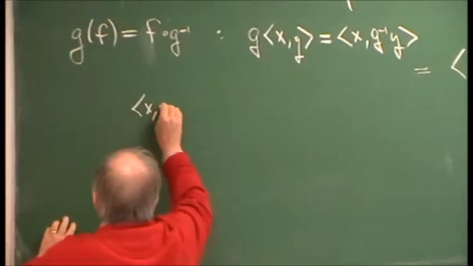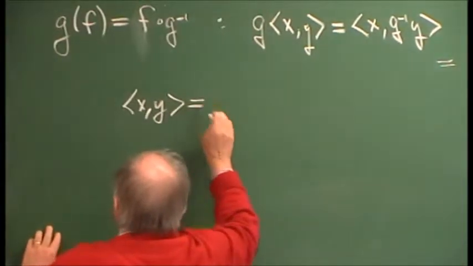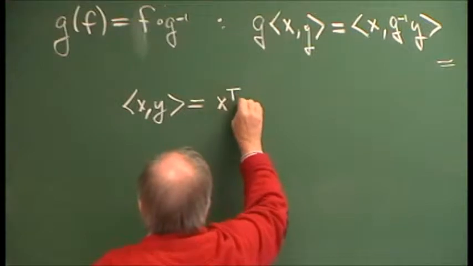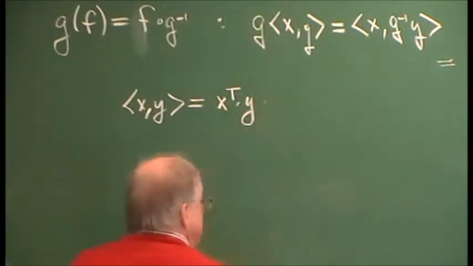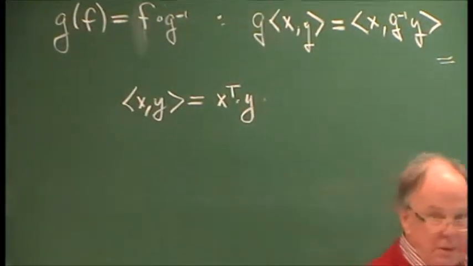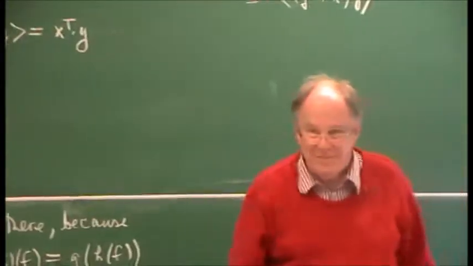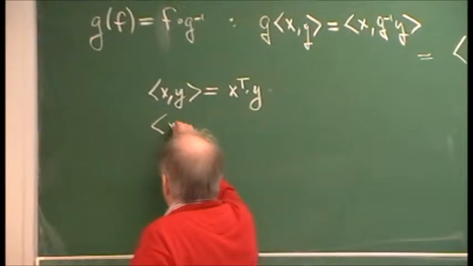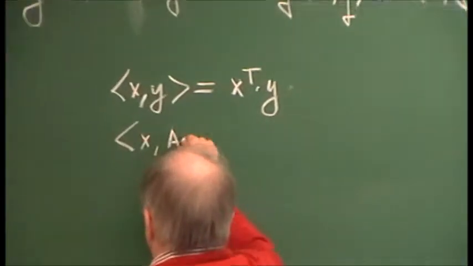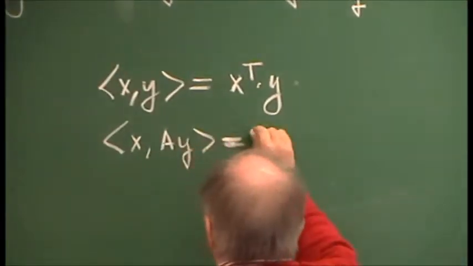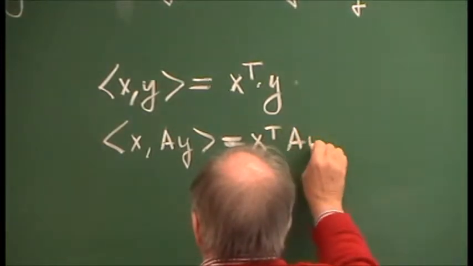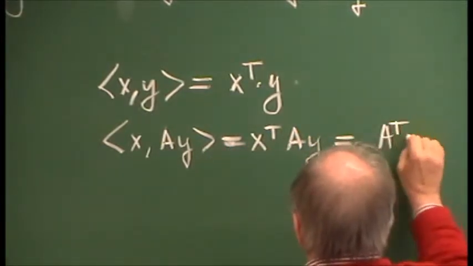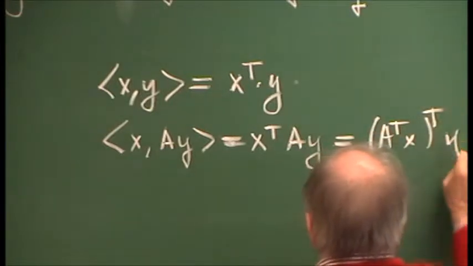X, just keep in mind, is X transpose times Y. So you see, X of a matrix times Y is X transpose of A of Y, which is the same thing as A transpose of X transpose Y.